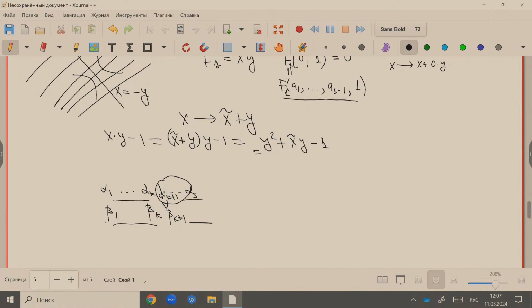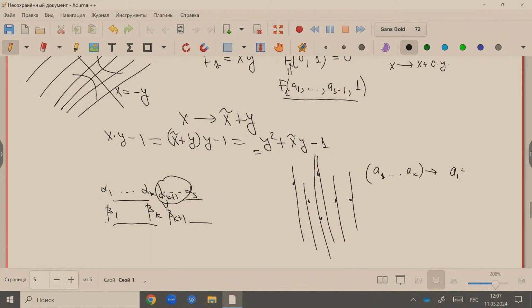Поэтому идея такая: у вас есть набор точек, и вы выбираете линейную функцию, которая последовательности a1 и так далее, ak сопоставляет a1 плюс a2 n и так далее, плюс ak n в степени k-1.